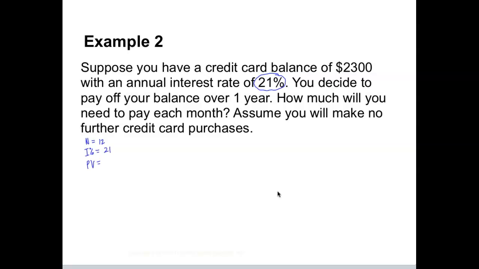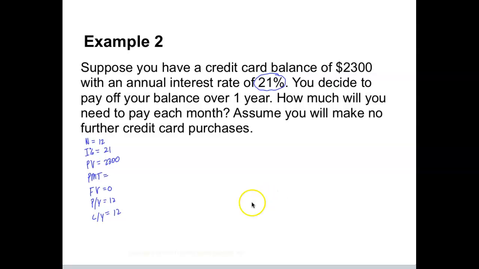My present value will input as 2,300. The payment is what we're going to solve for. The future value we want to be 0. And then we'll have payments per year and compounding per year. Since we're making monthly payments, those are both 12.